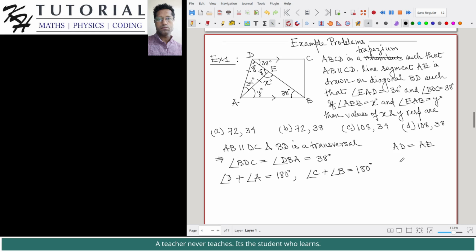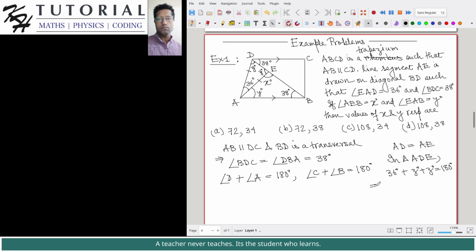In triangle ADE, using the angle sum property, that the sum of the angles in a triangle is 180 degree, we have 36 plus Z plus Z equal to 180.